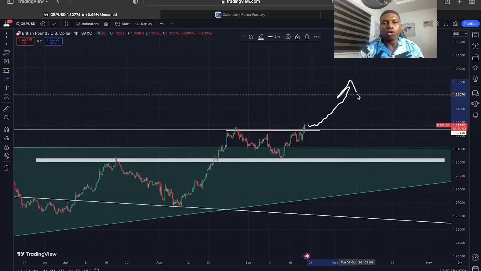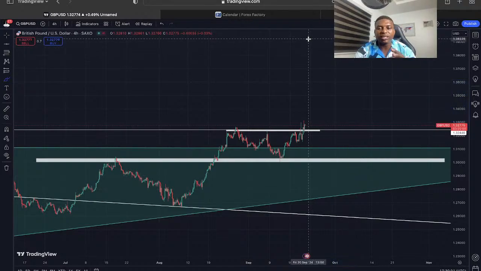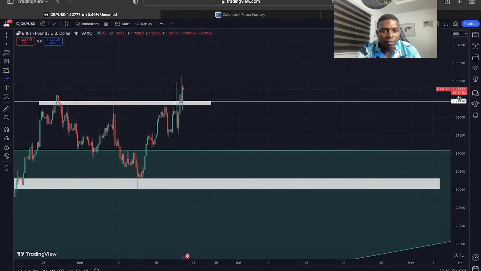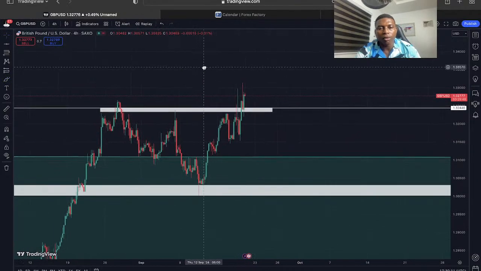So for GBP USD, we are equally bullish on GBP USD. All right, good.